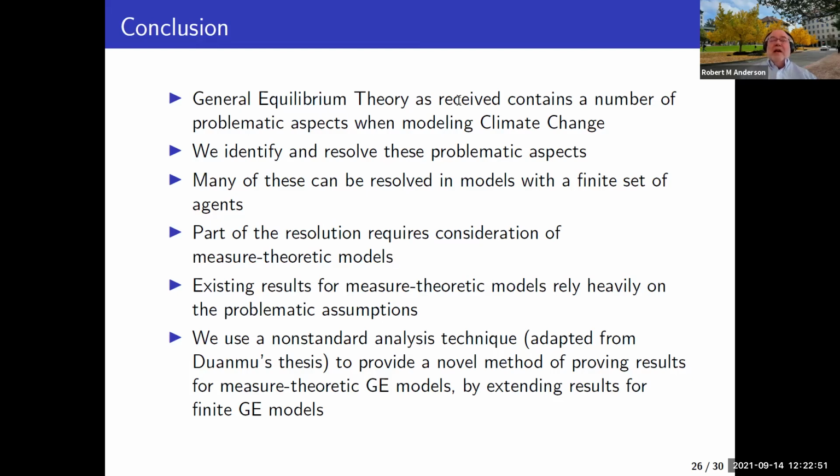But as of that development, it contains a number of aspects that are quite problematic when modeling climate change. And these were easily dismissed in a time when there was a lot of scarcity, and are not so easily dismissed now. And so we want to go back and rethink those. And we identify and we resolve those problematic aspects to a substantial degree.